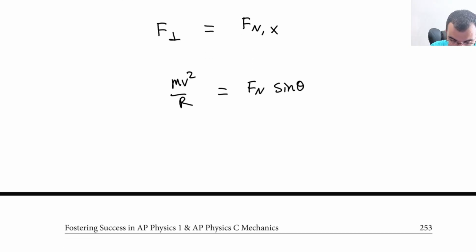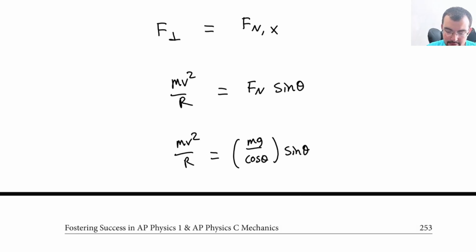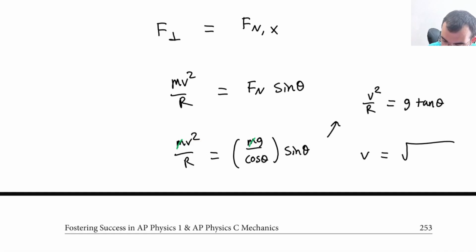So we can substitute, because we said normal force was mg over cosine theta, and we get a sine divided by cosine, which is tangent. So we'd get v squared over r is equal to g tan theta. So v is equal to the square root of g r tan theta.